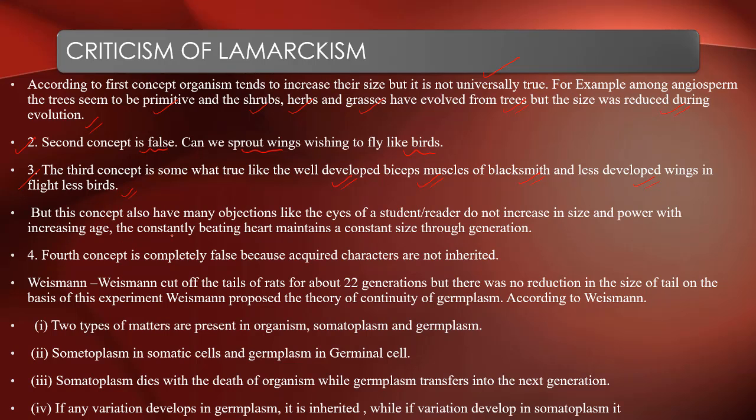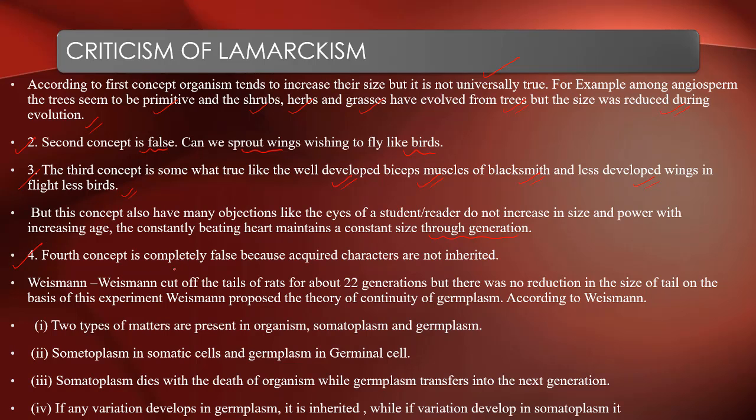The constantly beating heart maintains a constant size through generations. The heart is constantly beating, and the heart rate is constant throughout generations. An adult person should have a greater size of heart so as to increase the cardiac output, but it is not going to happen.